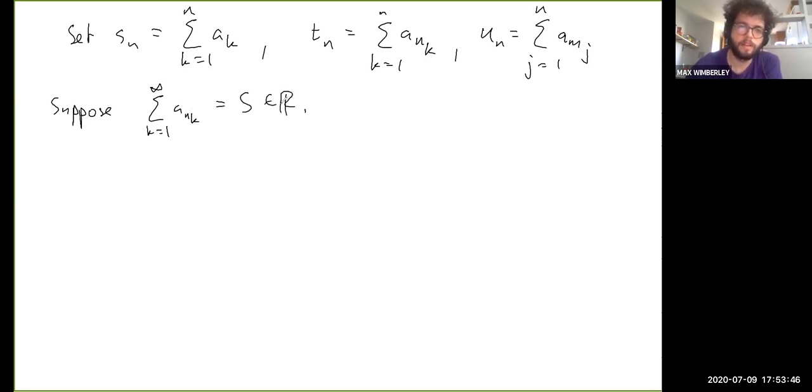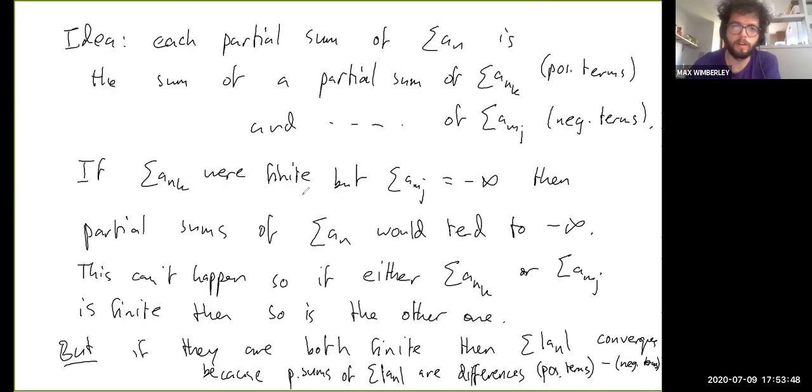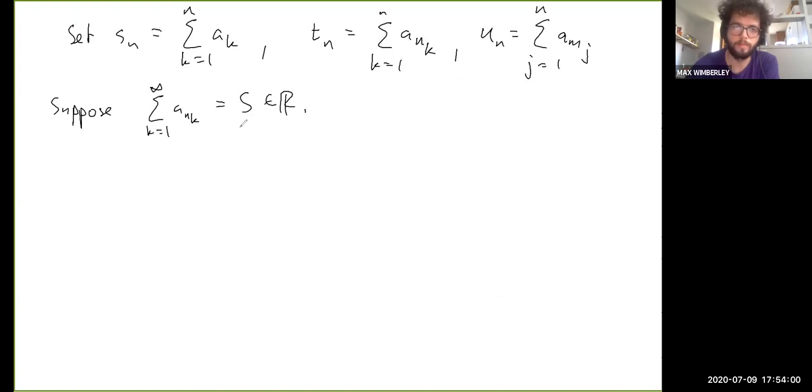Remember from here, our first goal is to show that if this is true, then the sum of the negative ones is also finite. So we want to show that the sum from j equals 1 to infinity of a_mj converges.